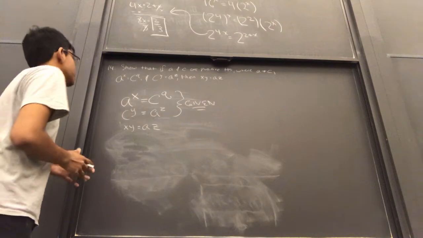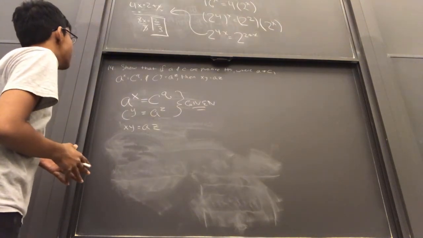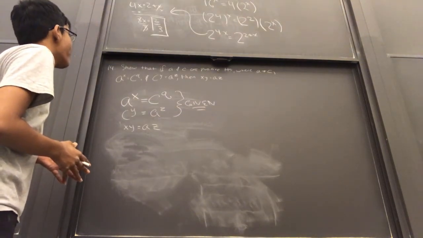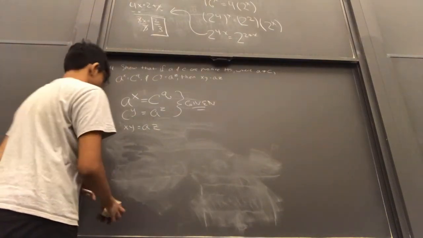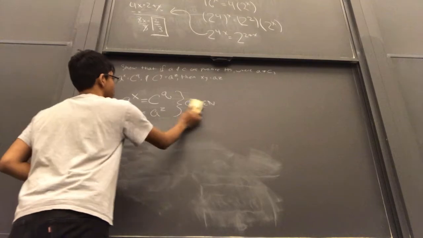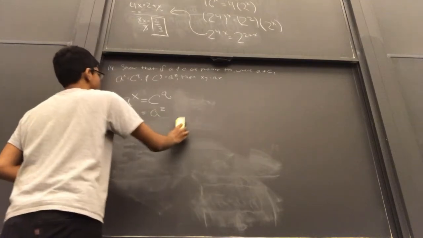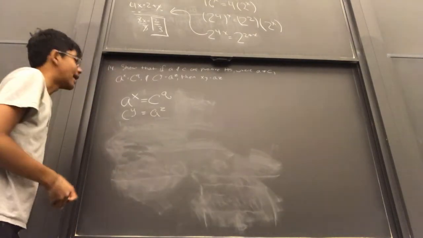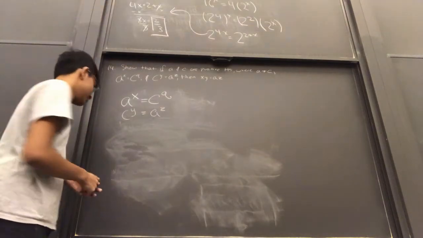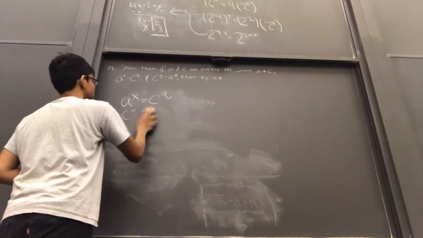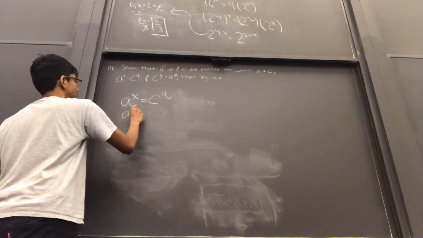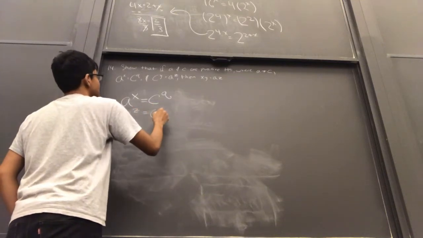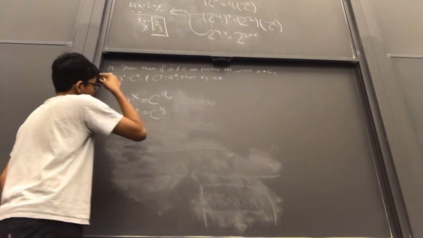So how can we go about solving this problem? Well, one of the things we can do is, let's first write out the exponents which have the same base on the same sides. So I can write a to the z is equal to c to the y.